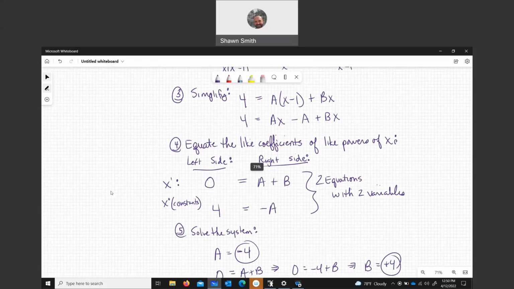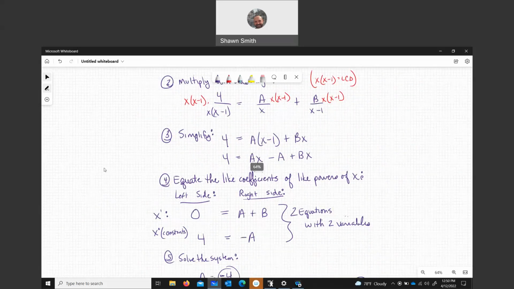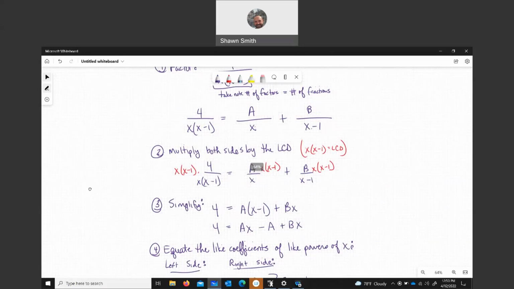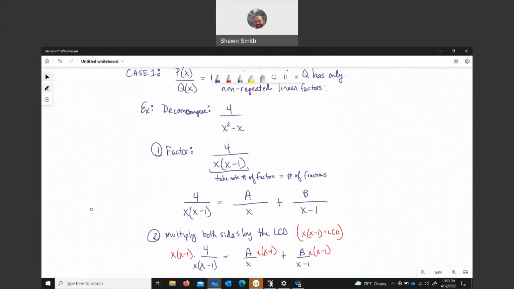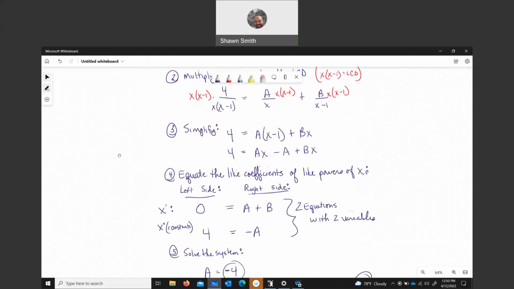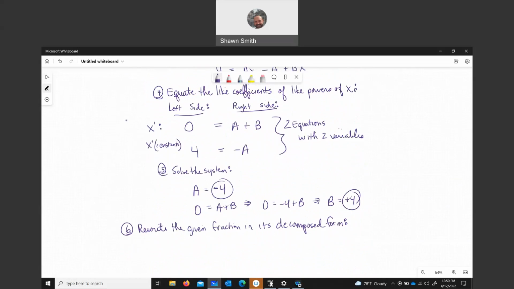Forgot. Four over x squared minus x is equal to, we had a factor of an x there, and a factor of x minus 1 here. Our a is negative 4, and our b over here is positive 4. That's it.